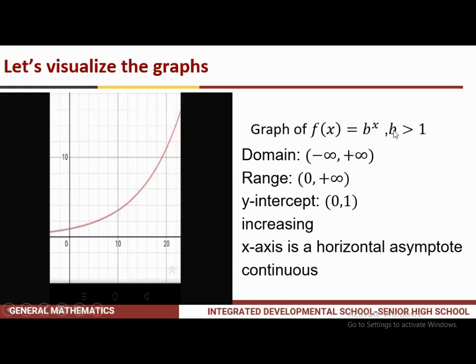Take note that when b is greater than 1, the domain is, how do we get the domain? Whatever values of x we substitute, it does not become undefined, so there is no restriction on the values of x. Therefore, the domain is the set of all real numbers.